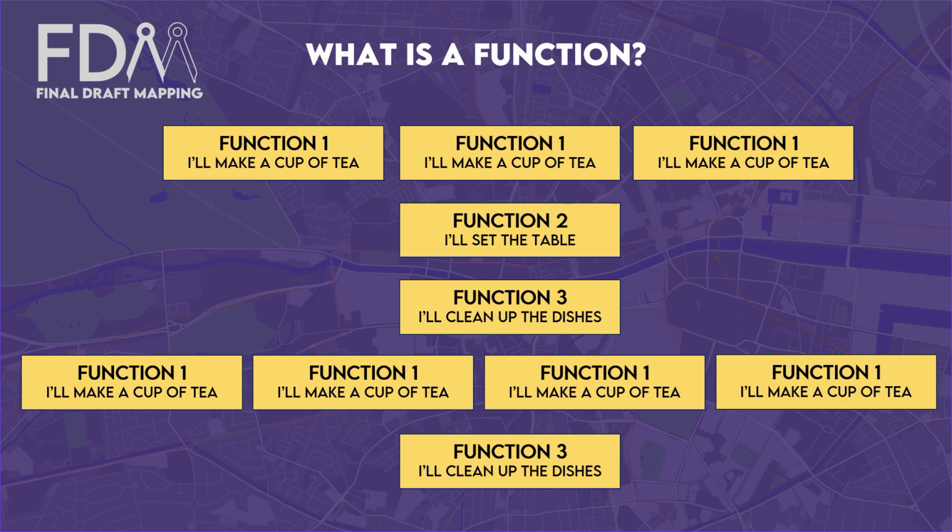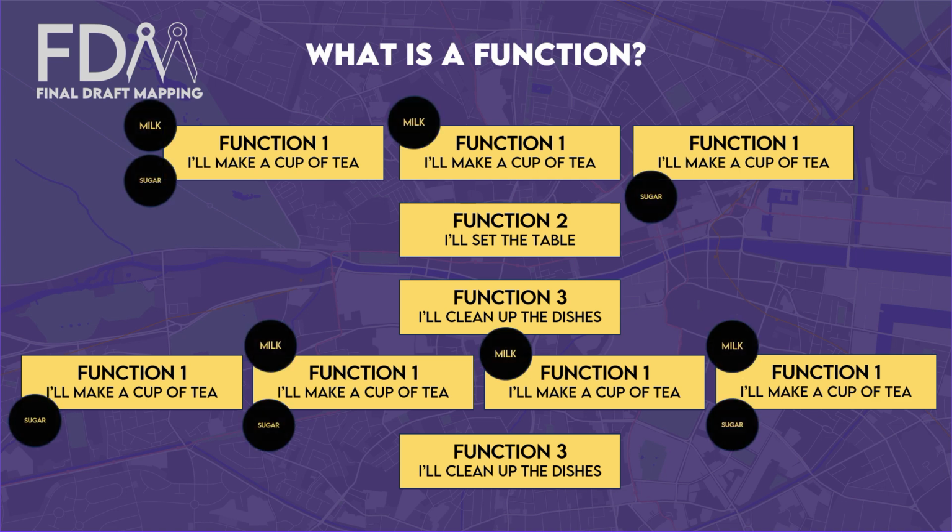Parameters, as we'll see, are user-defined inputs that enable flexibility and customization that affect the execution of a function. For example, people may want milk and sugar, or just milk, or just sugar, or none, to make the cup of tea specific to their tastes.